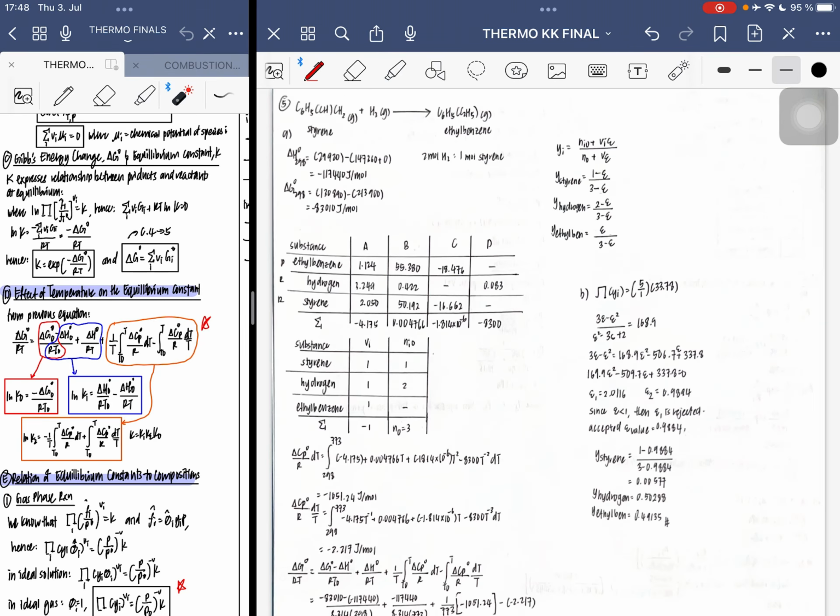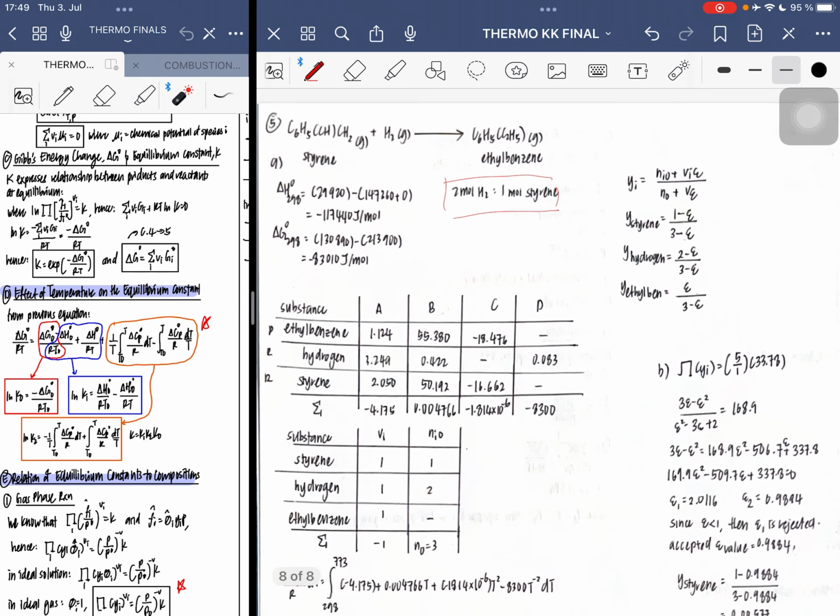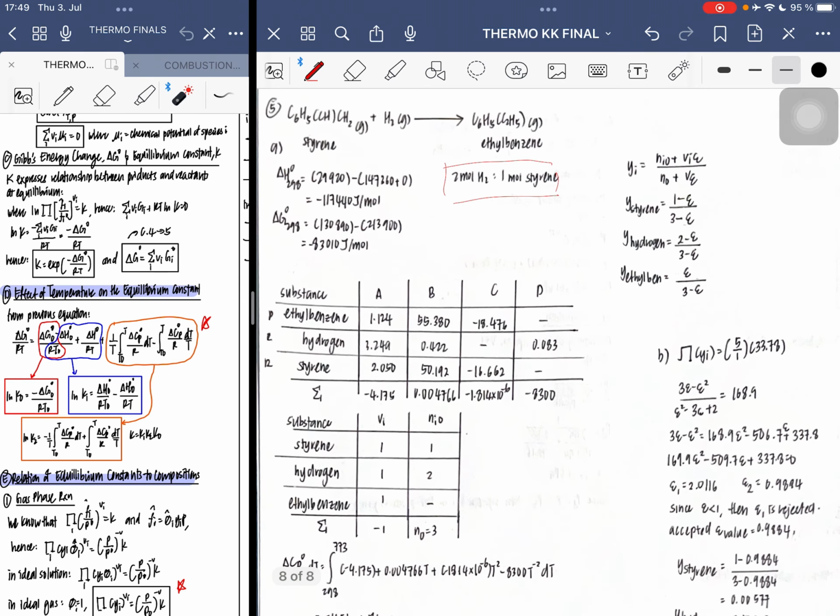Okay, so this is the general equation that you have to know.